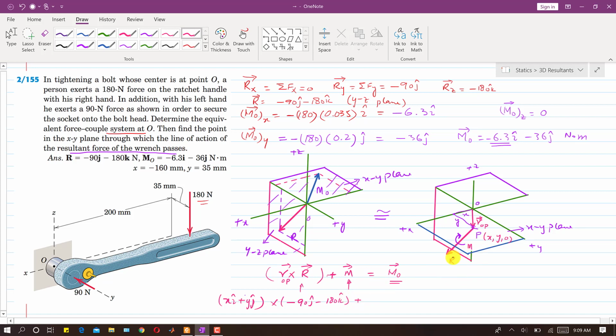So this couple moment will be in the same direction as the resultant, right? So if I write that this will be that M vector, it will be equal to M_O, and M_O is this, minus 6.3i minus 36j.